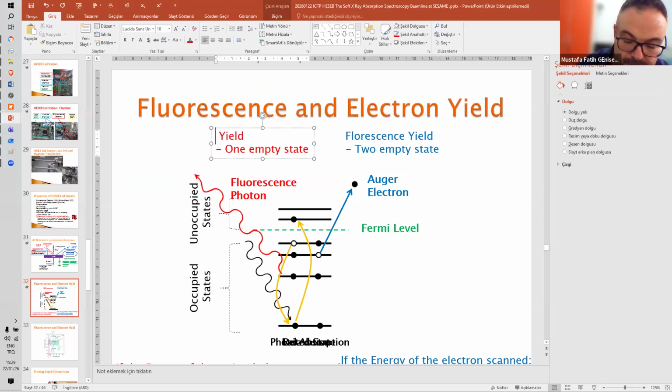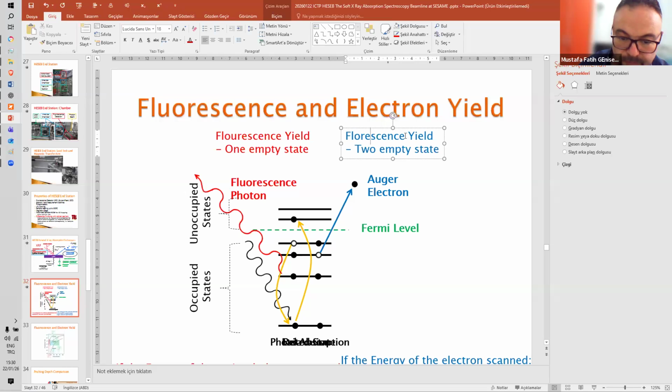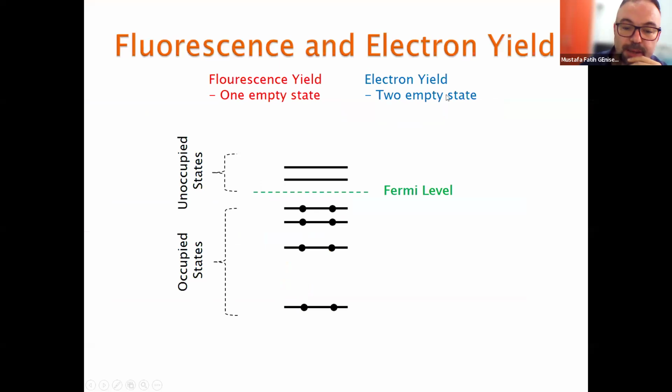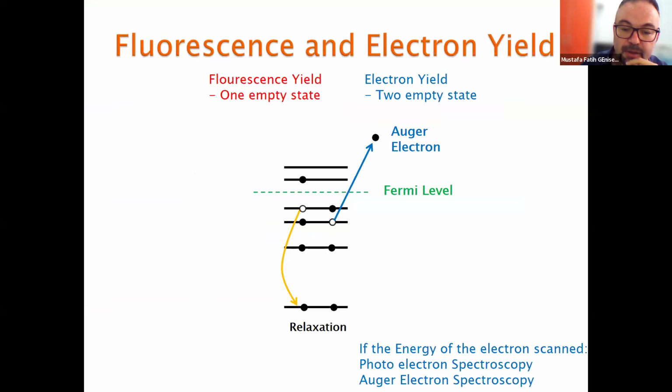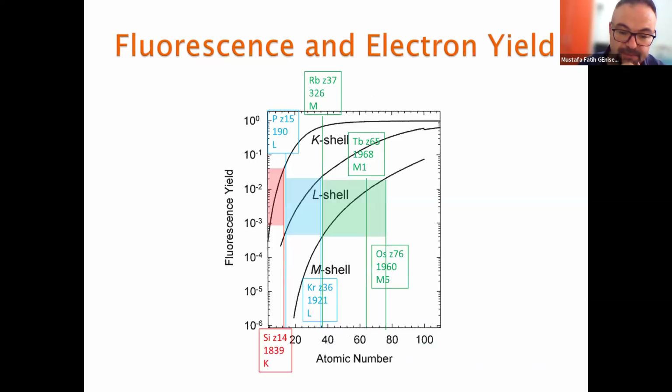Sorry, I just realized it. And we have two empty states. When it happens, we have two empty states, and if you look at the energy of the electron, it is Auger electron spectroscopy. Again, we need a conductive sample for this.